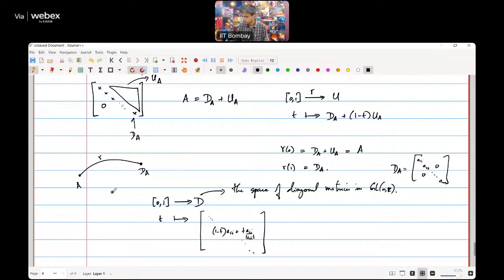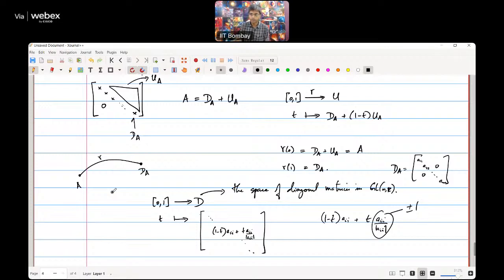So what is this doing? At t equal to 0, let's look at this entry, (1 minus t) times aii plus t times aii over |aii|. Now the aii are non-zero, so therefore this endpoint is either plus 1 or minus 1.